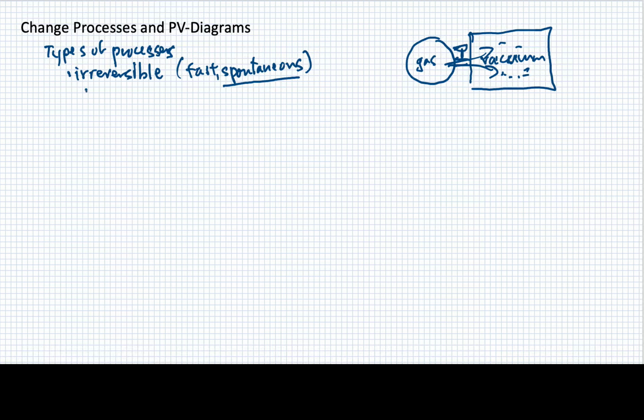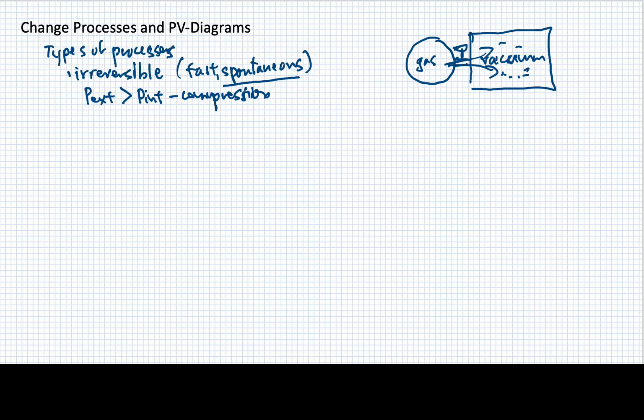Now, one of the things that one might indicate, for example, is that if the external pressure outside of a system is greater than the internal pressure, and we open up the possibility of exchanging heat or work, this would result in a compression. In other words, the outside pressure is higher, so it's pressing in on the system.